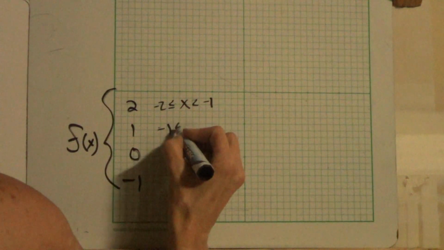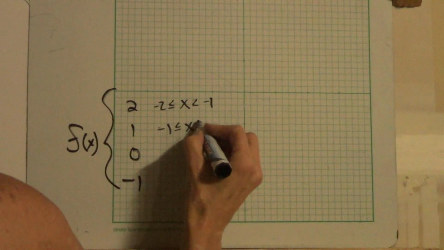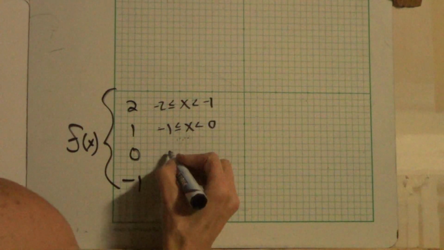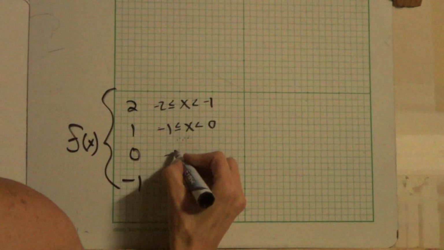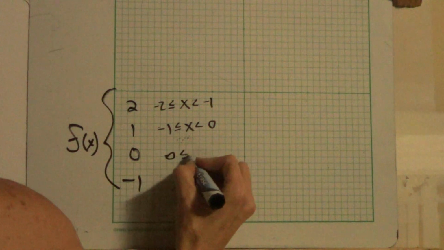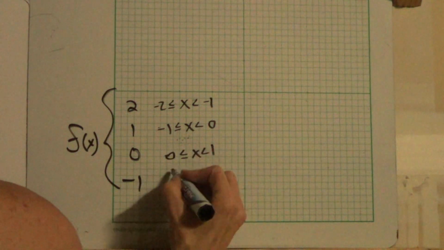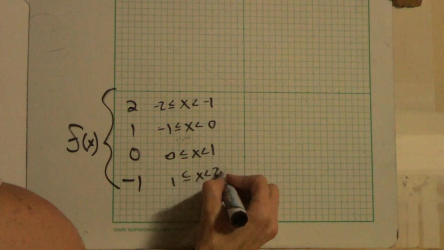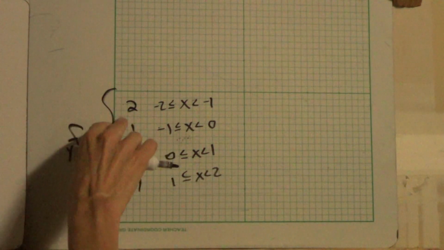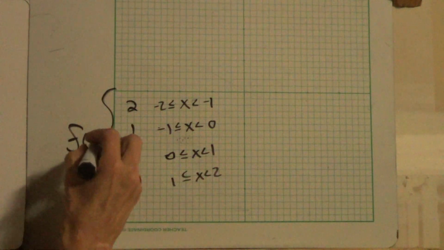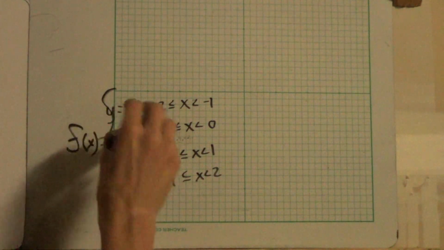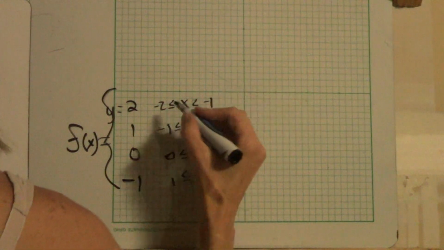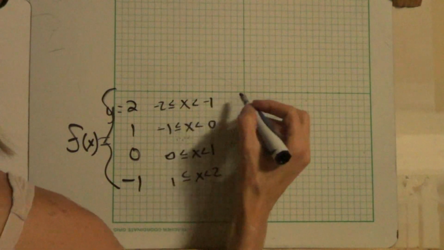And then these just step up. So, f of x equals 2. What that means is that y equals 2. Remember, that is a horizontal line. So we go up to 2 between negative 2 and negative 1.